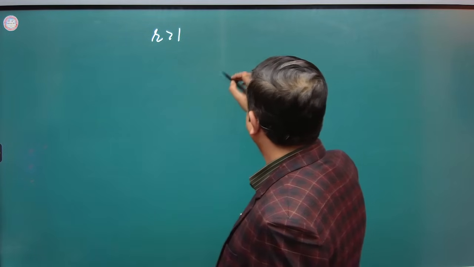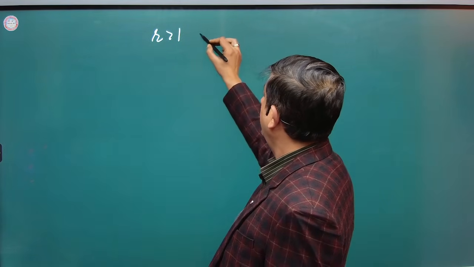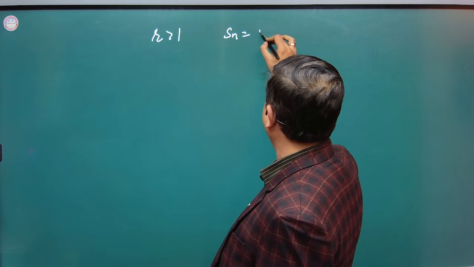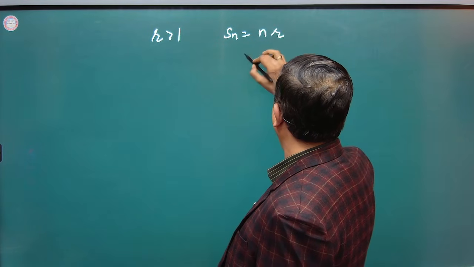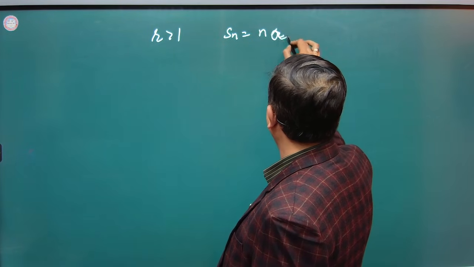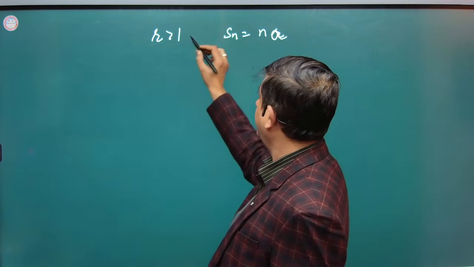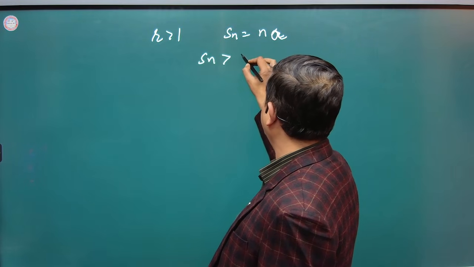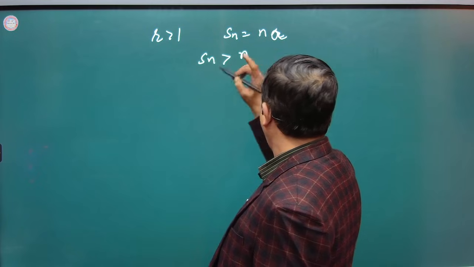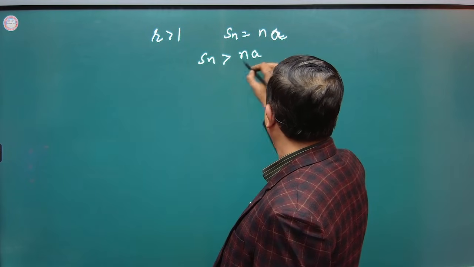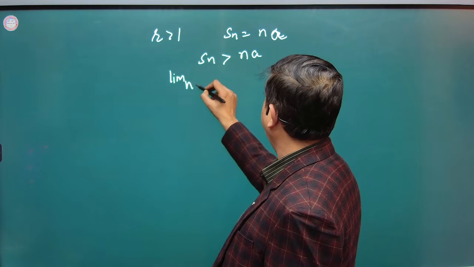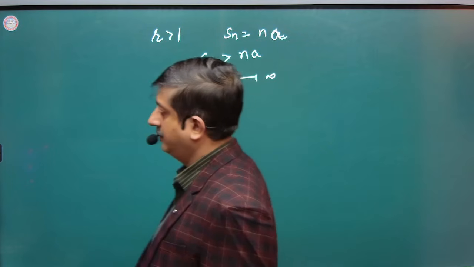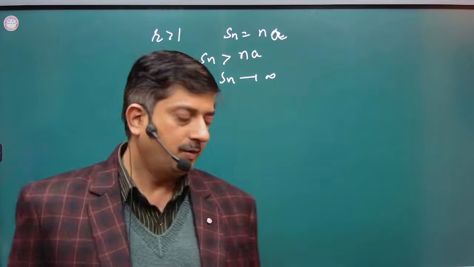When r equals 1, the Sn value is na. Obviously, when r is greater than 1, the value of Sn is greater than na, and when we take the limit n tends to infinity, Sn goes to infinity, because Sn depends on na.